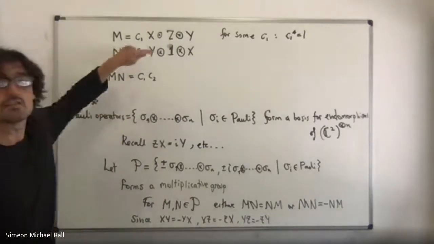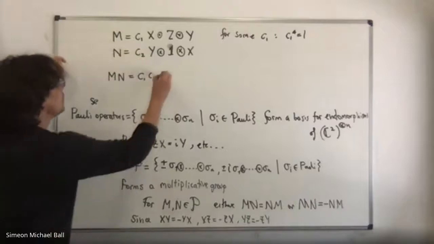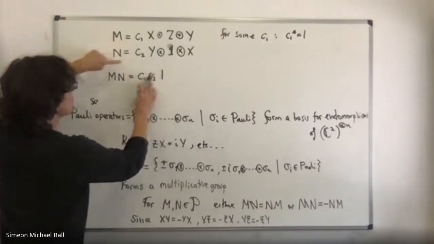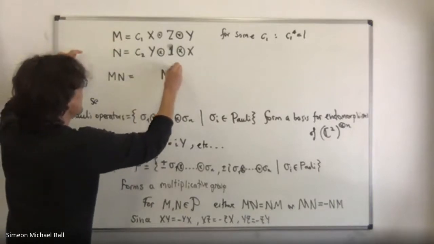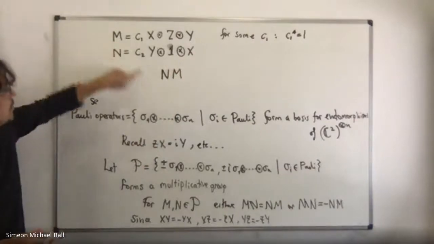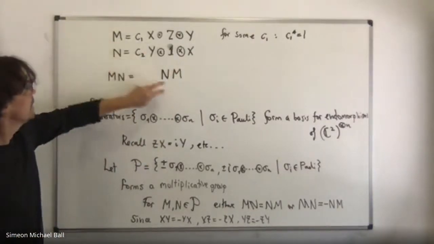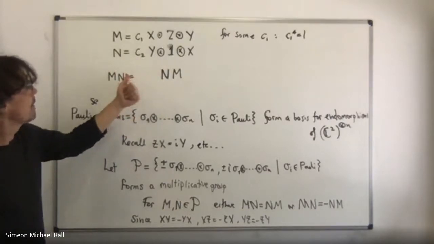Well, the point is, you don't need to work it out, because XY equals minus YX. To work out whether they commute, let's just compare MN and NM. They both have c1 and c2, so you can forget about that. And they have XY here; on the other side, you're going to get YX, so that's a minus.